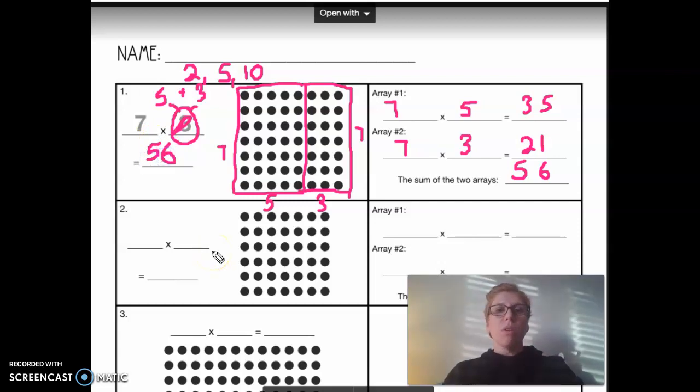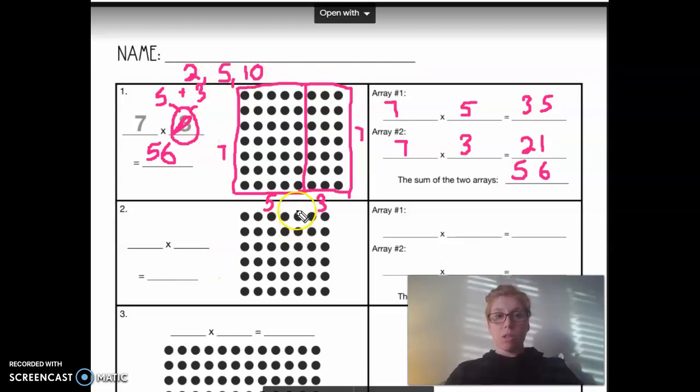Okay, so you are going to be doing this with the rest of this paper. You're going to write out the original multiplication problem for the array. Then you're going to decide, how can I split up one of my numbers to make two number bonds? And it will be very helpful if you choose to split them up with 2 plus something, or 5 plus something, or 10 plus something if you get a large array like that.